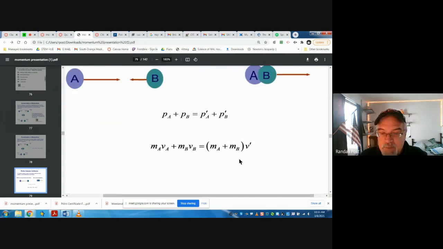Well, the interesting part about this is that the masses are stuck together, right? They can be considered now as one big combined mass. And since they're stuck together, they are moving together. So they have a common velocity. We call that V prime.